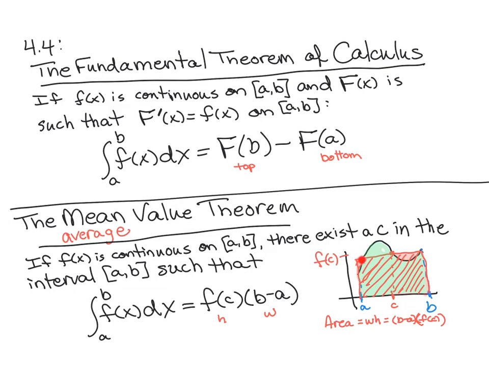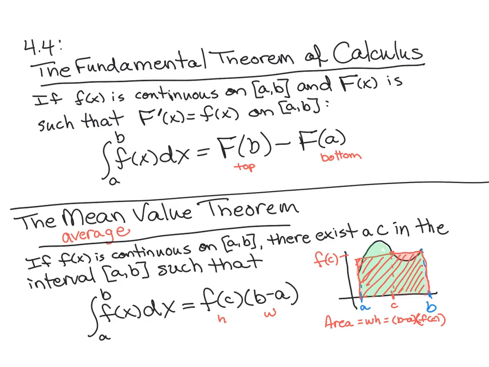But there's some number, some x value in between a and b, where the y value, if I just make a rectangle here, and I find the area of that rectangle, see this little pink area is outside and this is outside, but that green is also outside, so it kind of subtracts. There is some x value in between these two endpoints where if I took the y value and I made that the height, and this whole width is the width, area of a rectangle is width times height, right?